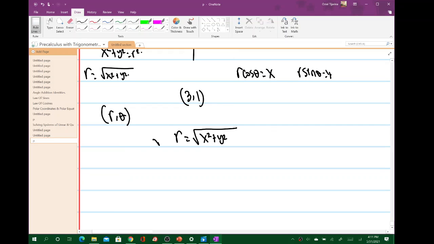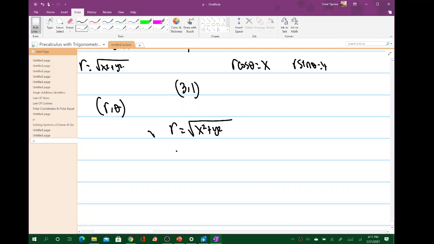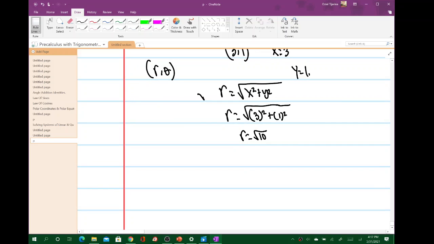X is 3 and y is 1, so we have the square root of 3 squared plus 1 squared. So r equals the square root of 10, right? So we know what r is.